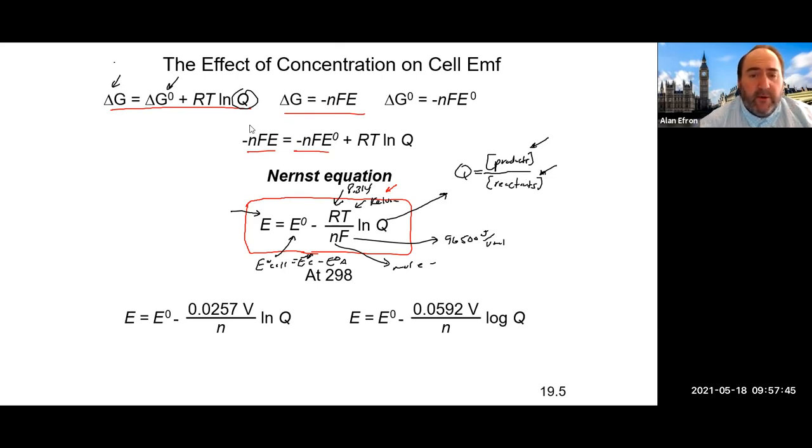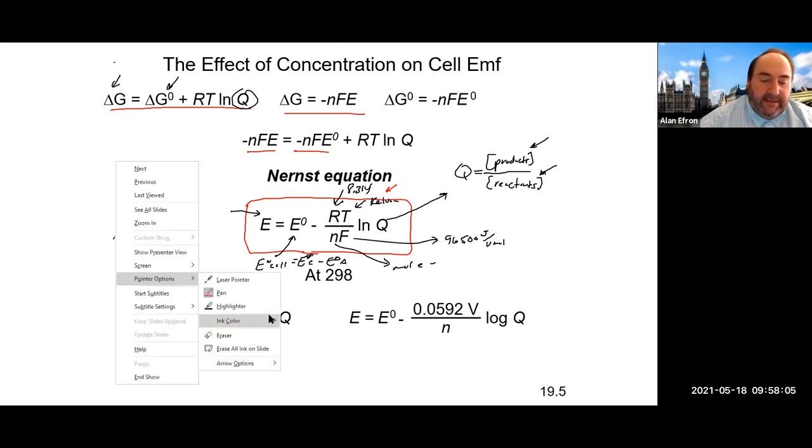So this is where we can figure out what the cell voltage would be if something was not so perfect in the conditions.